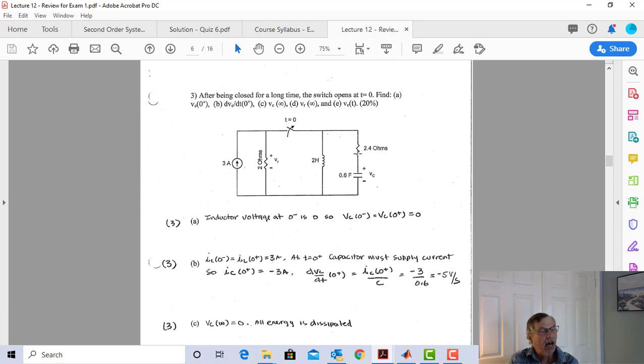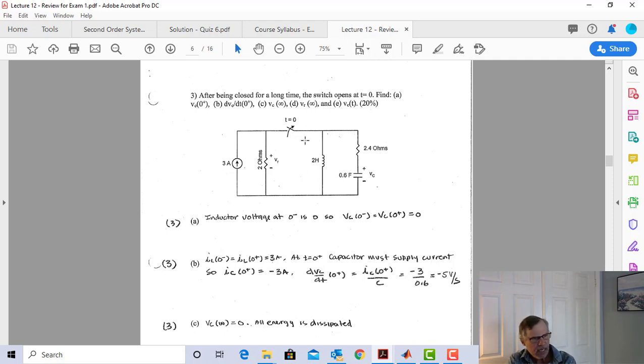I have no current here because I have a capacitor. So that means my 3 amps, no current here, no current here. All that 3 amps is going right through that 2 henry inductor.